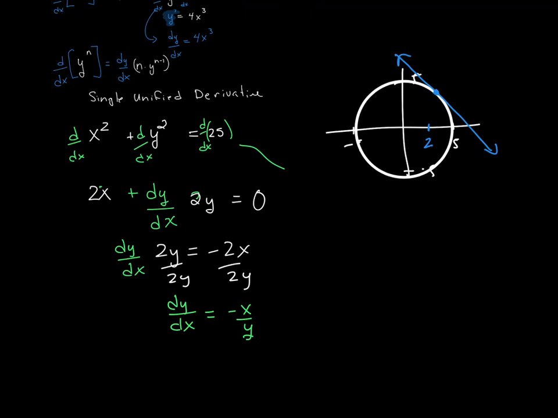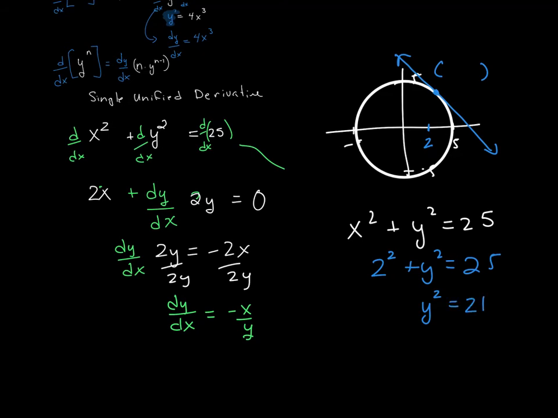Well, first I have to go back to my function being x squared plus y squared is equal to 25. And since I want that value at x equals 2, the first thing I have to do is find the point. What is this point here? I need both the x and y value. So 2 squared plus y squared is equal to 25. y squared is equal to, I subtract 4 from both sides and get 21.